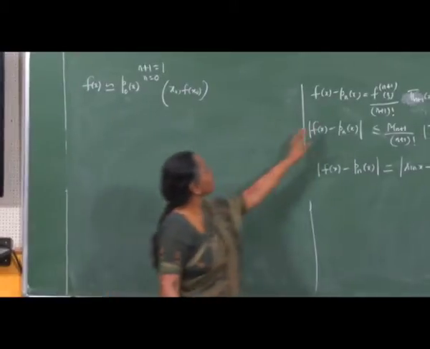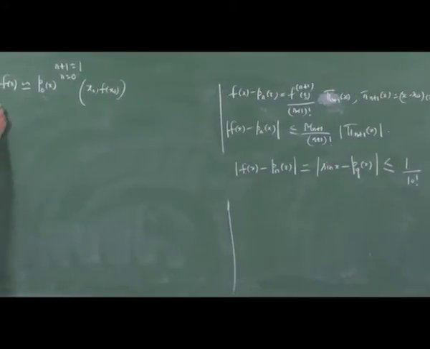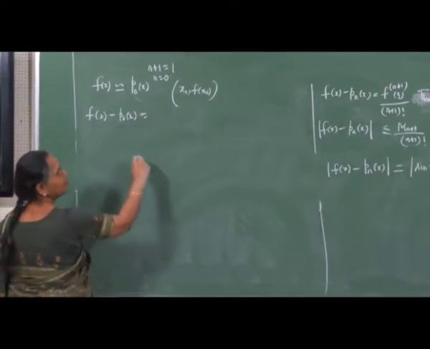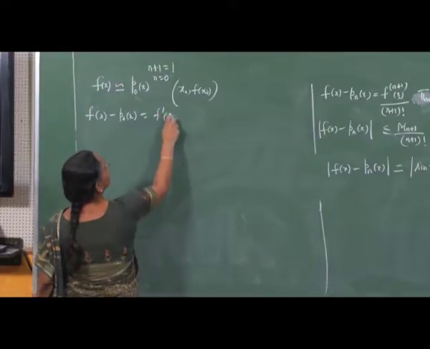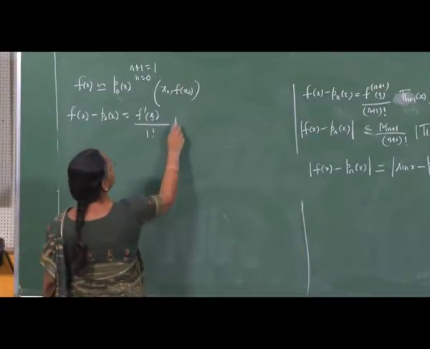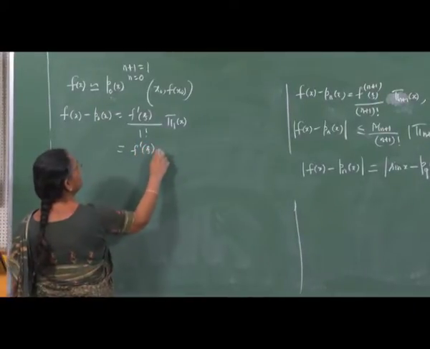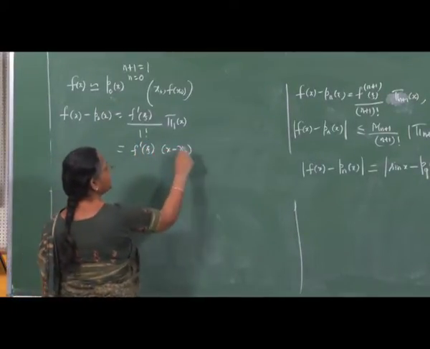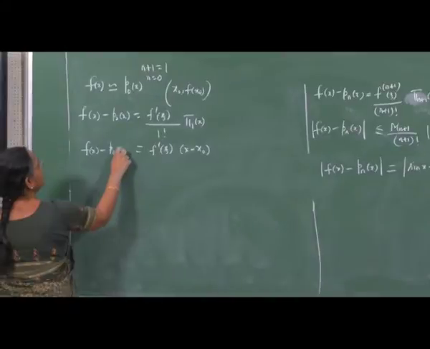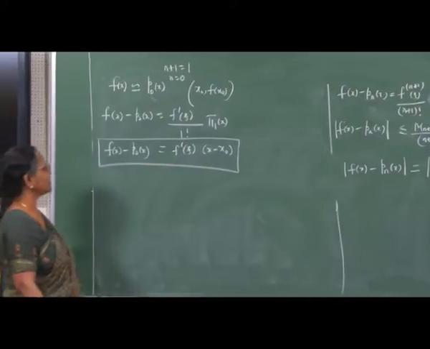I write down the error in interpolation in this case. This tells me f of x minus p naught of x is equal to f dashed of psi by 1 factorial into pi 1 of x. So, that is f dashed of psi into (x minus x naught).